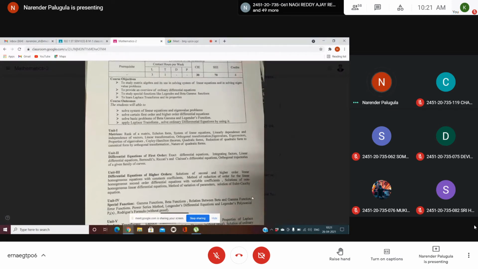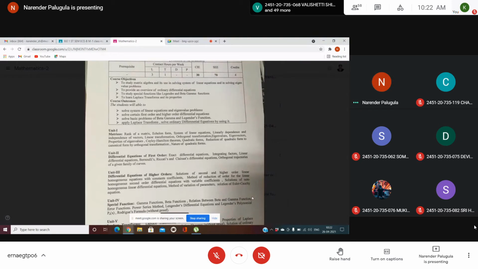Second topic, method of reduction of order for linear homogeneous second order differential equations with variable coefficients. Third, solutions of non-homogeneous linear differential equations, the method of variation of parameters, and the solution of Euler-Cauchy equations. So these are the contents in Unit 3.